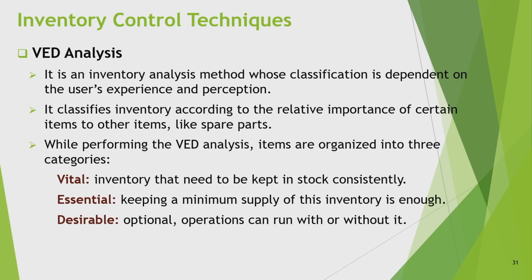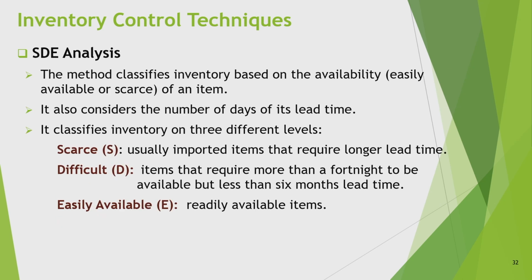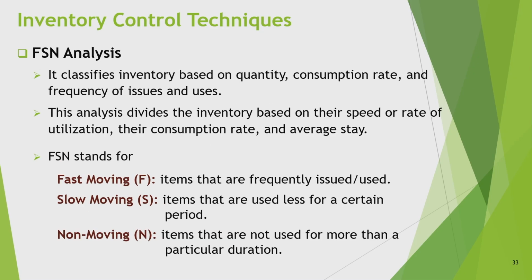Then VED means vital items, essential items, desirable items. So we may pay more attention to vital items. SDE analysis: scarce items, difficult items, easily available items. And again we may pay more attention to scarce items, medium attention to difficult.